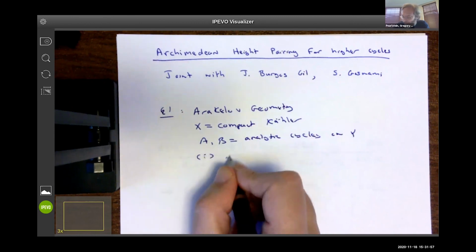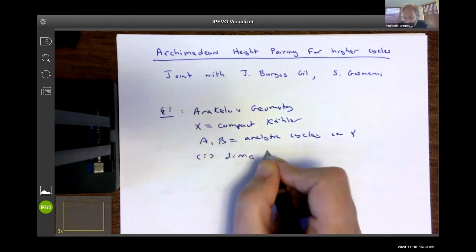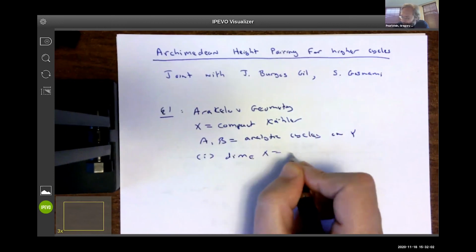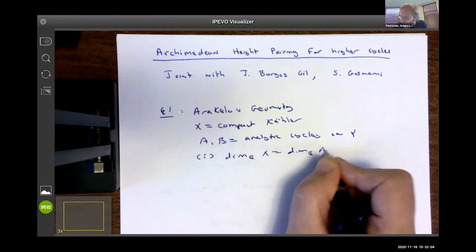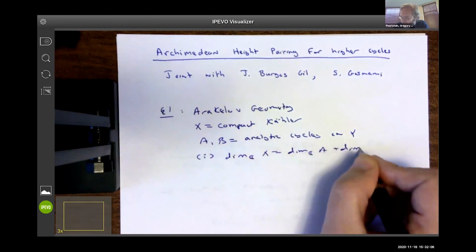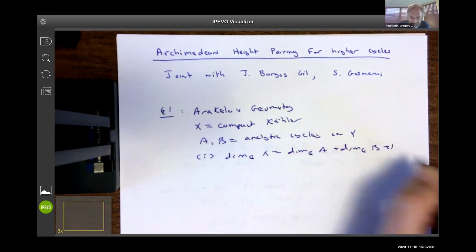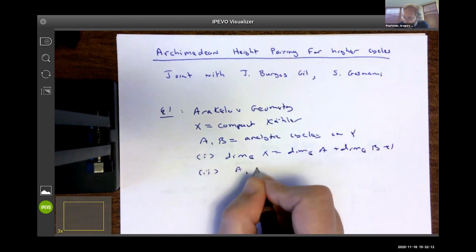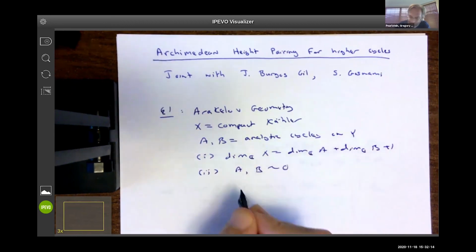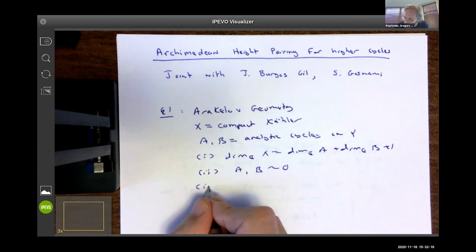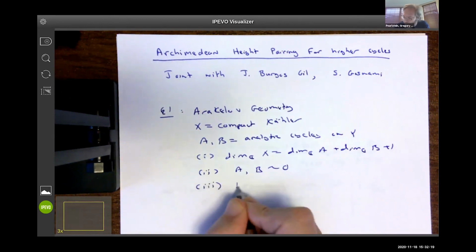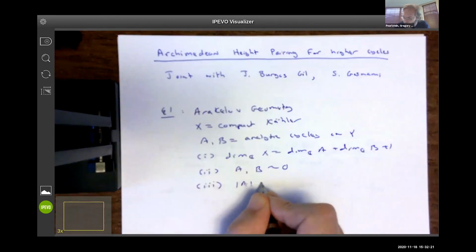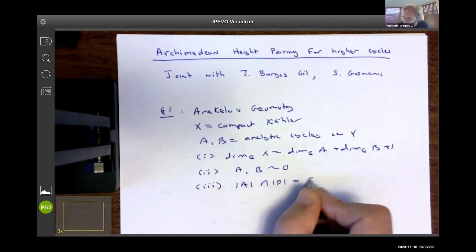The complex dimension of X has to be the complex dimension of A plus the complex dimension of B plus 1. The second thing is that A and B are homologous to 0. And the third thing is that we want the support of A intersect the support of B to be the empty set.